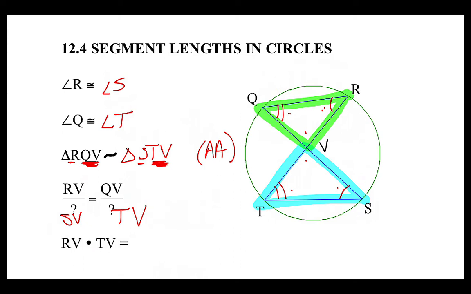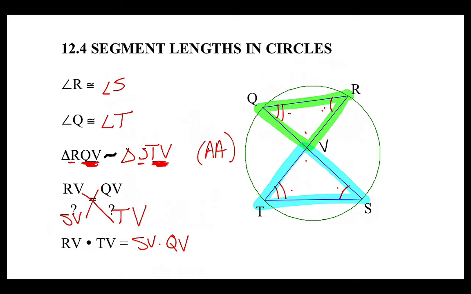So that proportion is definitely true inside of this circle. But to solve a proportion, we always say, well, I could cross multiply and say that RV times TV should equal SV times QV.